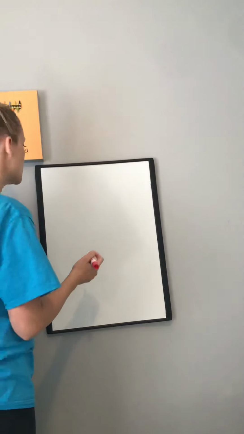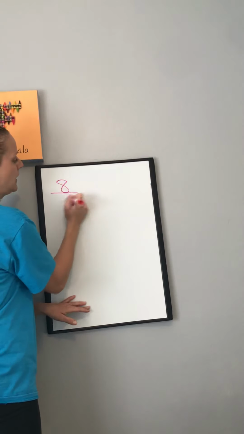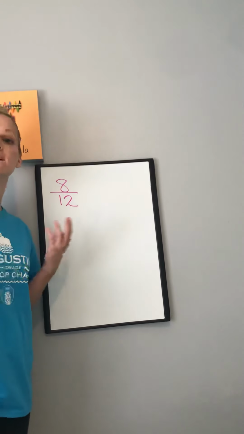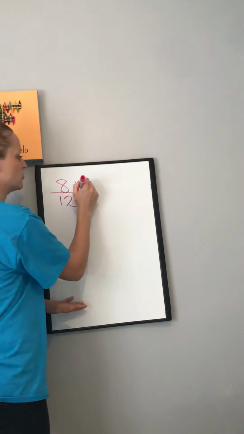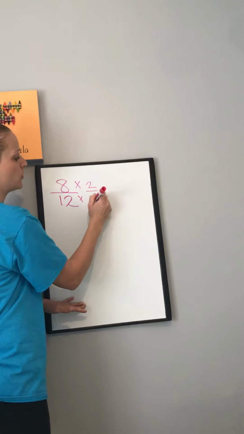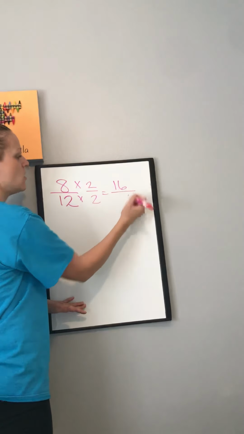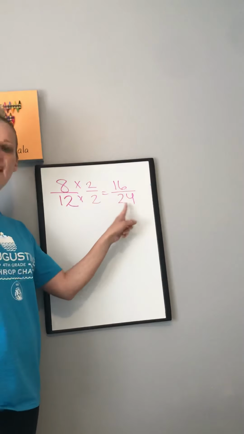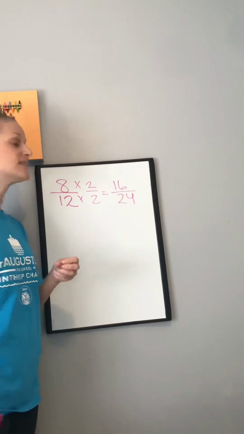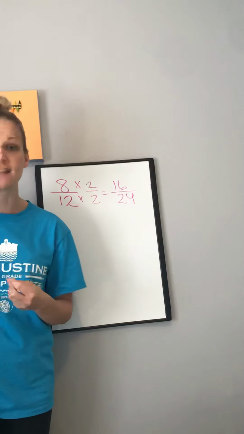For example, if you have something like 8/12 and you need to find an equivalent fraction. Now, a lot of you want to just multiply. So you're just going to multiply by 2/2 and get 16/24. But you're going to notice that's not an answer choice. So instead of multiplying, try to divide.